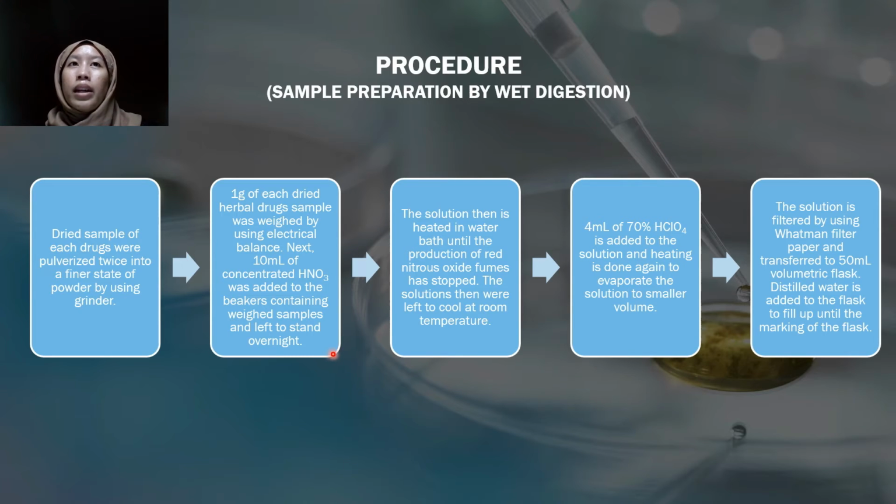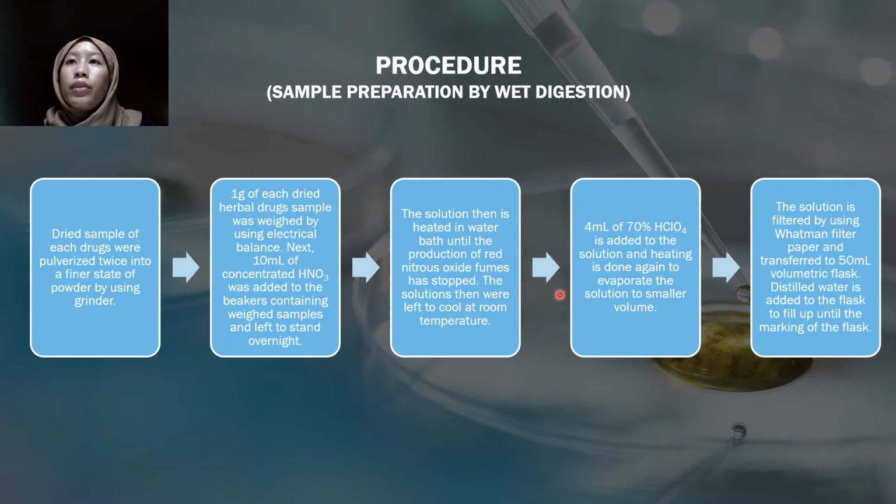Then 10 milliliters of concentrated nitric acid is added to the beakers, and the mixture is left to stand overnight. Next, the solution is heated in a water bath until the production of red nitrous oxide fumes has stopped. Then the solutions are left to cool at room temperature.